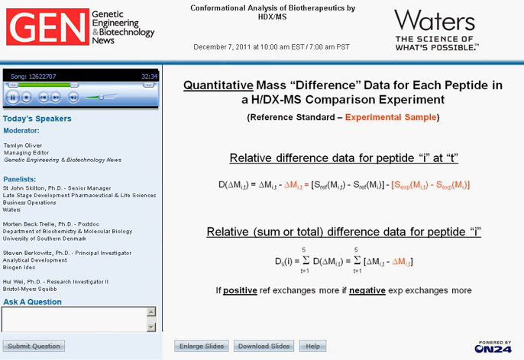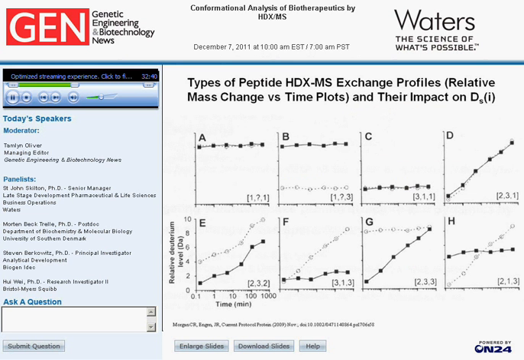This basically shows several very common exchange plots, and it indicates that you typically have, as in A, C, and D, very little difference, just random noise between the experiment and the reference, and that would indicate that there's really no change. And then there are other scenarios like B, E, F, and G, where there's a constant change that progresses.